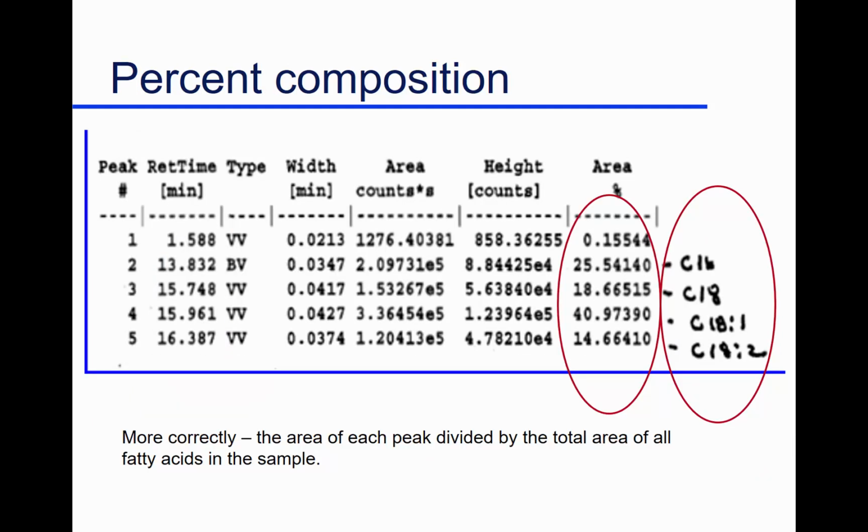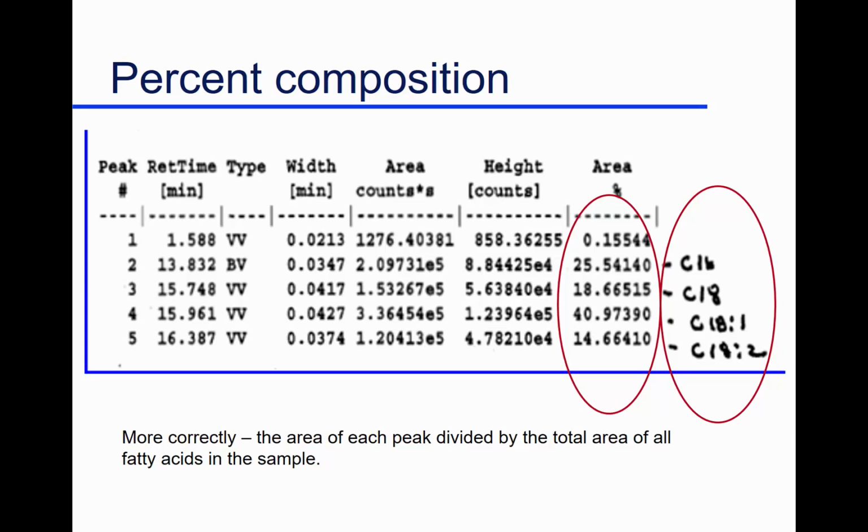And then, again, you work with your area percent. The machine can be set up to do calculations for you. This is an example where the machine has been set up, and it eliminated everything else and simply calculated the percent of the total peak area that each peak represents. So this is your C14.